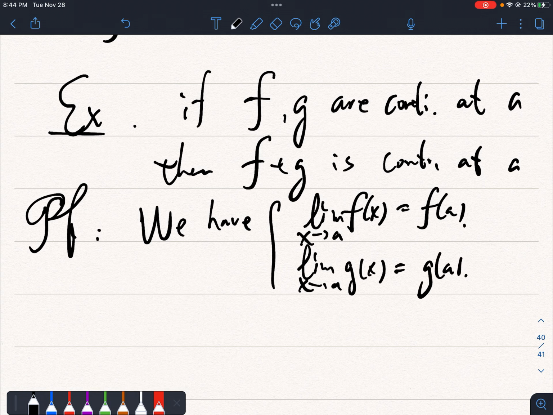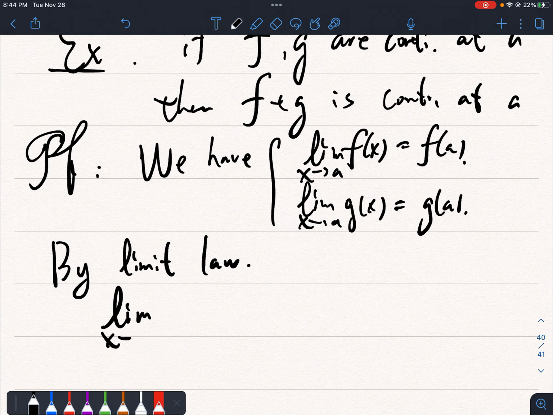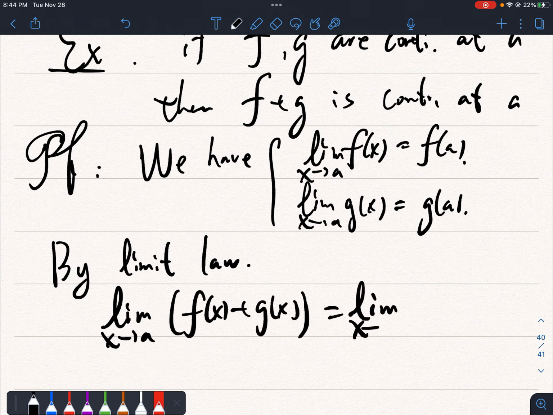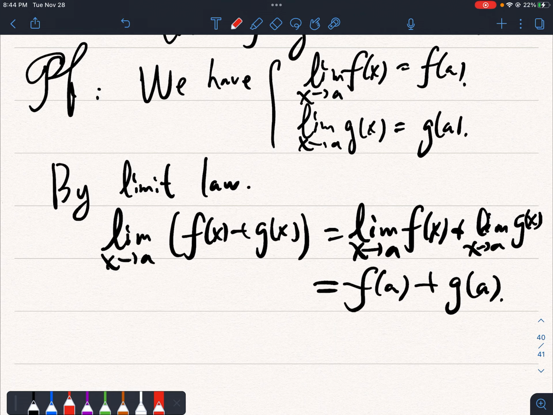And then the limit as x approaches a of g of x is also g of a. So then by limit law, since both limits exist, then we can use the sum rule to deduce that the limit of the sum exists. And then it will be equal to the sum of these two limits. And then by assumption, because they are continuous, we can evaluate the limit just by looking at the value at this point, which is f of a plus g of a.